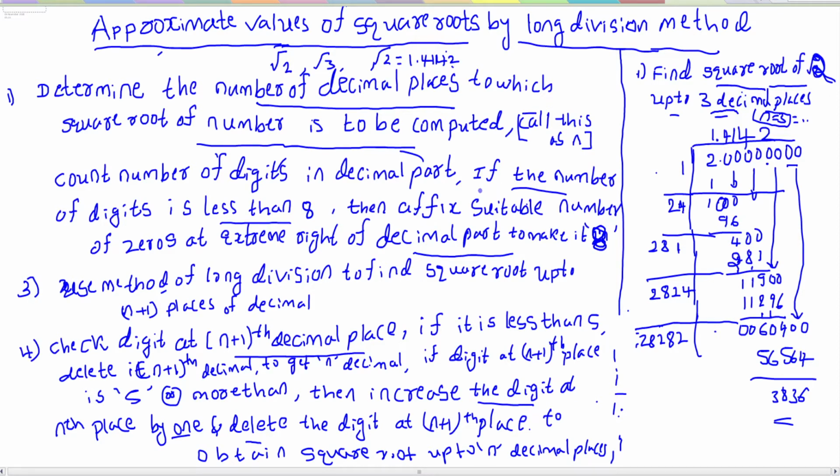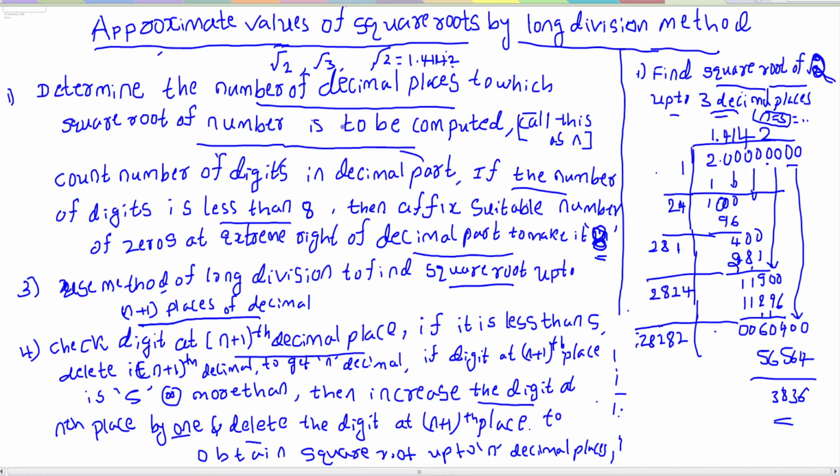Then I put a suitable number of zeros at the end of the decimal part to make it 8. You decided on 3, but for the long division process you have to work out n plus 1 decimal places.